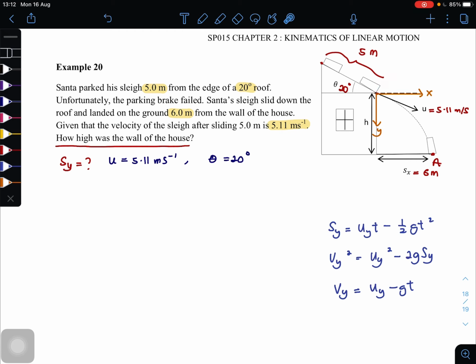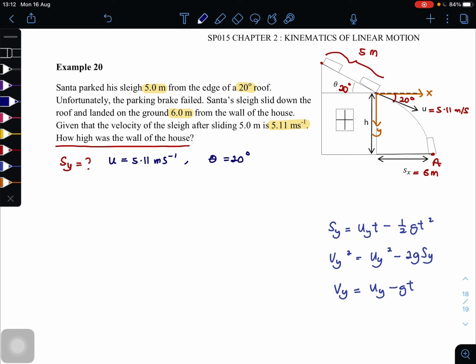Okay, so you need to remember how to resolve the vector. This one is actually resolving the vector from chapter 1. Okay, so if we have the angle here 20 degrees, basically it is the same as here 20 degrees. The angle is the same.